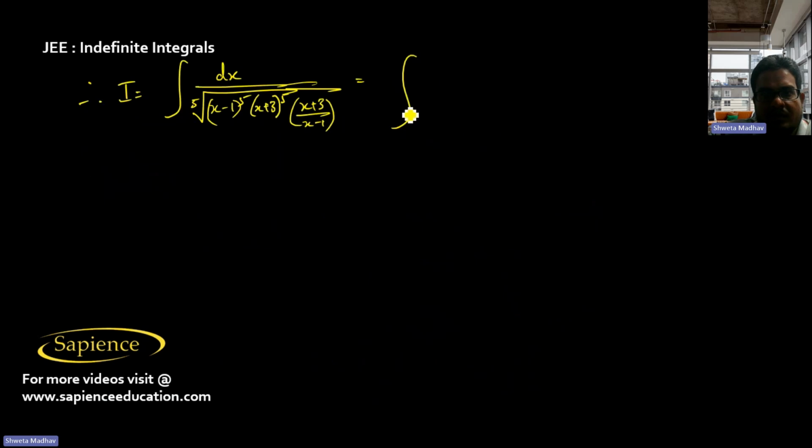So this will be integral of minus 4 dt by (t minus 1) whole square, divided by (x minus 1) into (x plus 3) into t power 1 by 5.